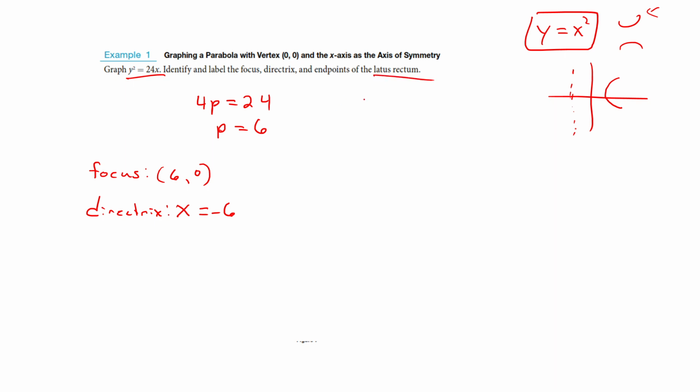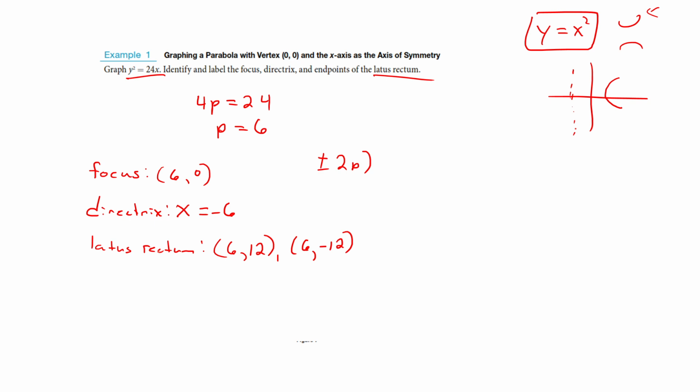Now the only thing left we need is the latus rectum points that we can use to define the graph. Those are always going to be right in line with the focus. So the x-value is going to be 6, and then it's going to be plus or minus 2p to find the other two points. So we're going to have (6, 12), and the other one is going to be (6, -12).